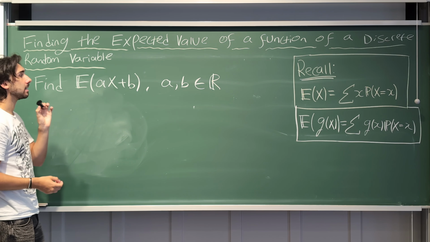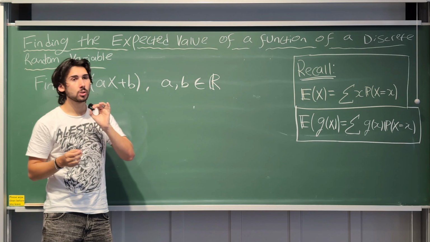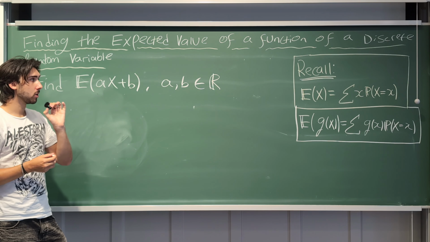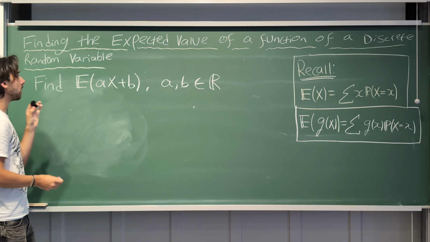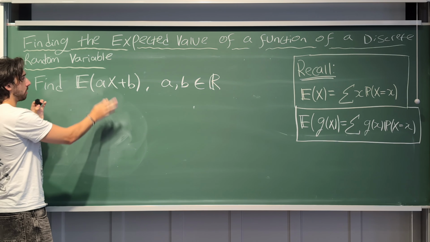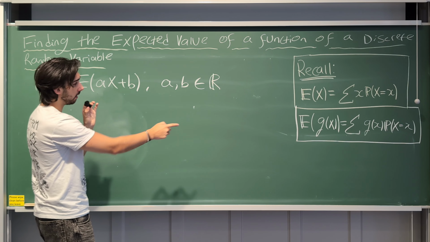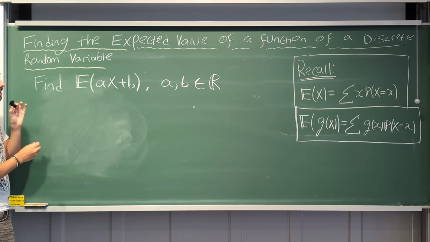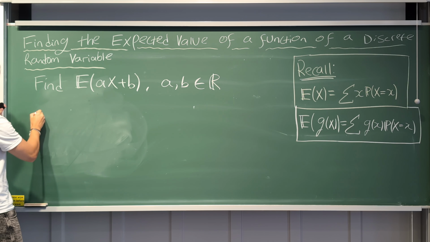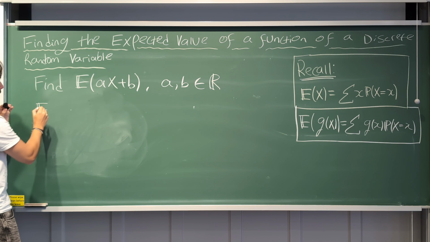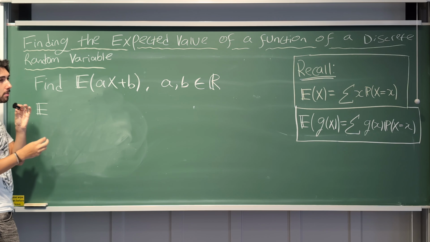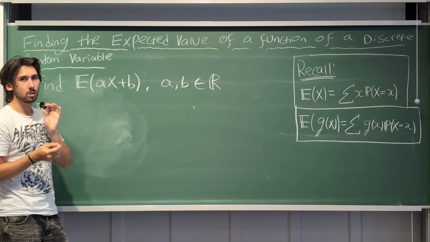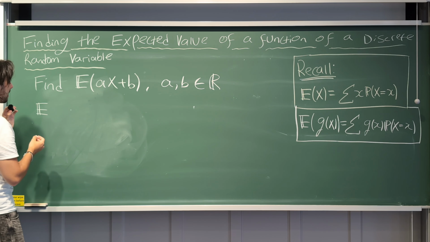So maybe instead of the expected value of x, we would like the expected value of 2x plus 1 or something like that. Can we come up with a general formula using this? Well, the answer is yes, we absolutely can. This is how we derive it, and you don't have to derive this every time, of course. In pretty much whatever level of maths you're doing, you can use it without proof, unless the question is to prove it.